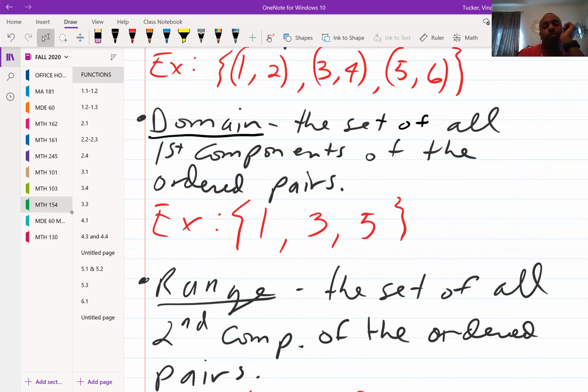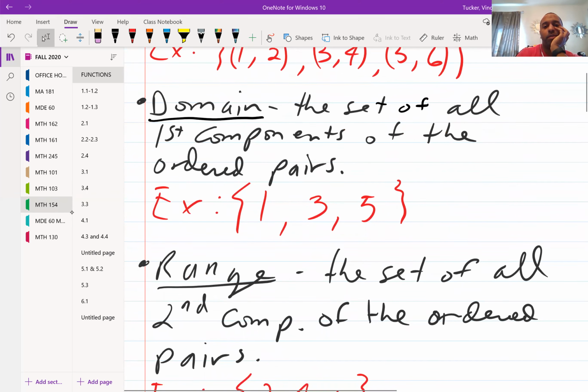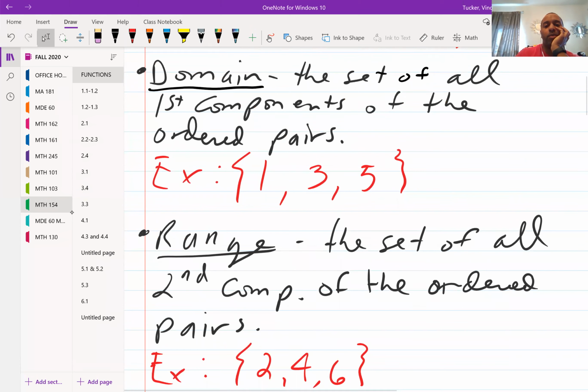Your range is a set of all of the second components of the ordered pairs. In this case, that'll be 2, 4, 6.